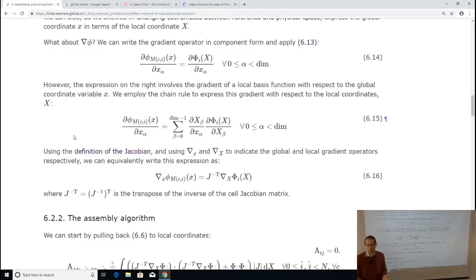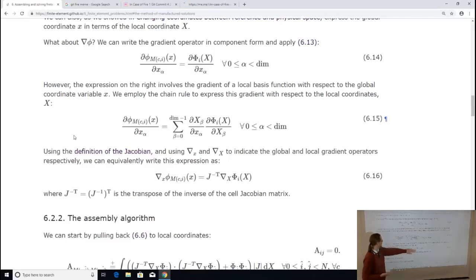If you call tabulate pass grad equals true, it gives you this guy, right? Tabulate returns a 3 tensor. The first one is the set of points, the second one is the set of basis functions, and the third one is the direction that you're taking the gradient in. Brilliant.